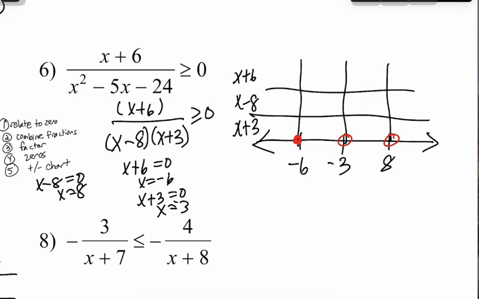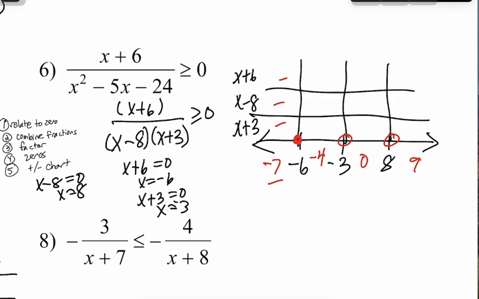Let's figure out some test values. Let's go -7, -4, 0, and 9. Why not? Okay. So if I plug -7 down the row, if I plug it into each one, I get negative, negative, and negative. 3 negatives. That region is negative.